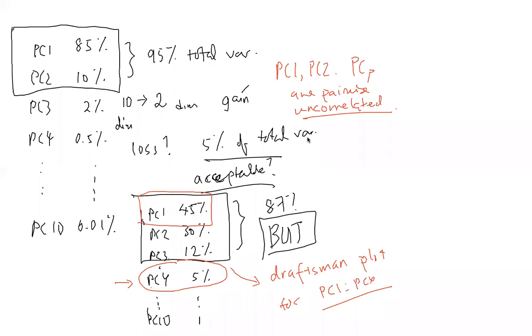Okay, so you are bringing up a point like this. Let me clear this. You have PC1, PC2, PC3.